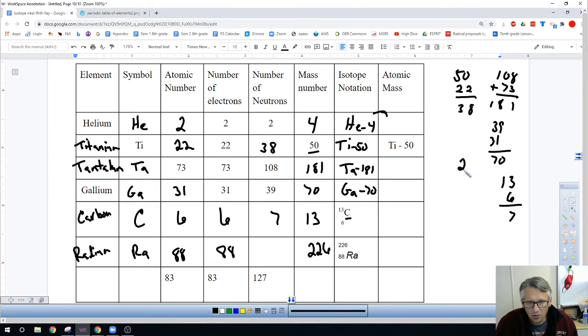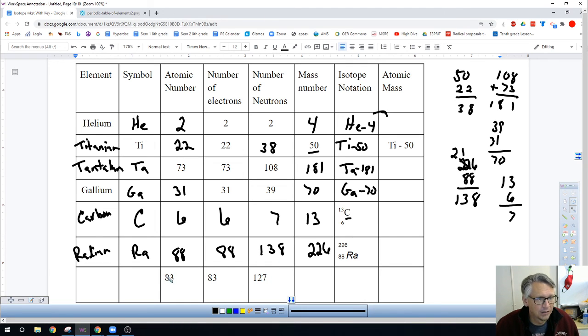So if it has 226 neutrons plus protons, and we have 88 protons, that should give us 138 neutrons.